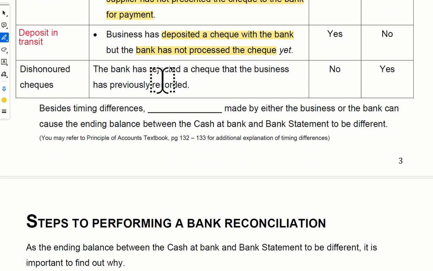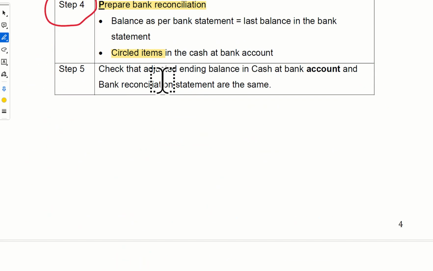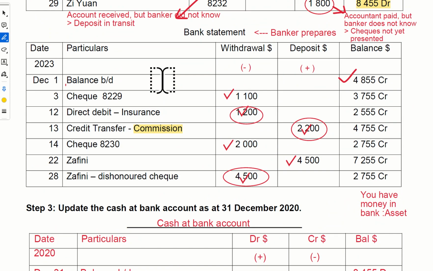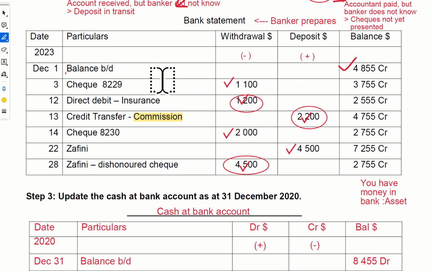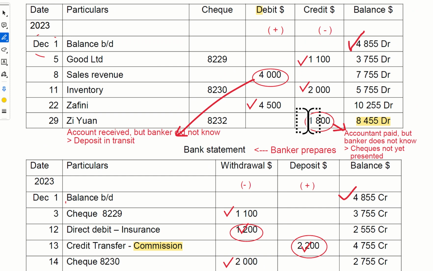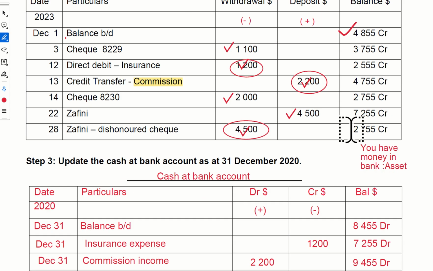And since the banker doesn't know, the banker has not deducted this 1,800 from the bank account. So you have already paid, but the bank hasn't deducted it yet.